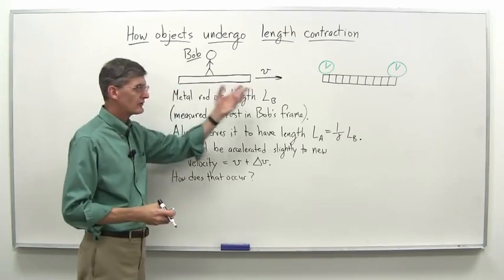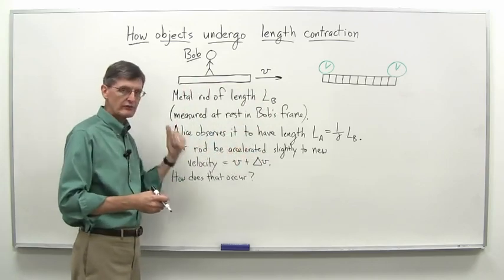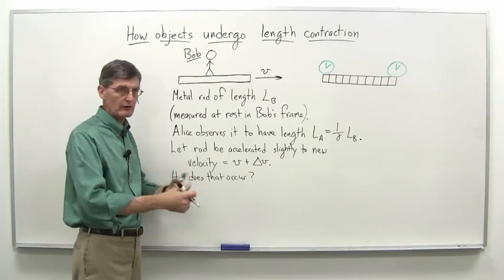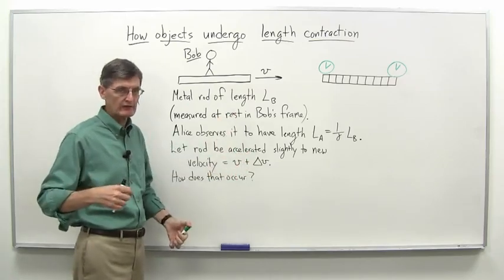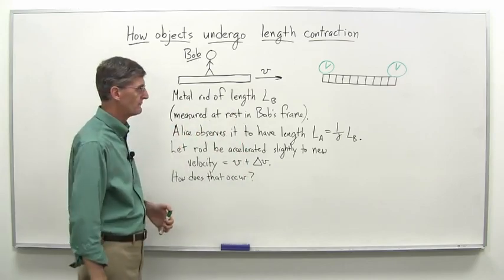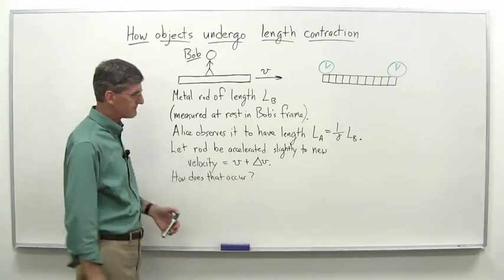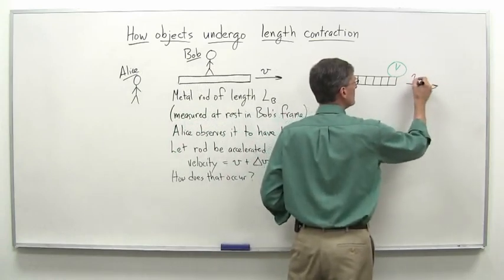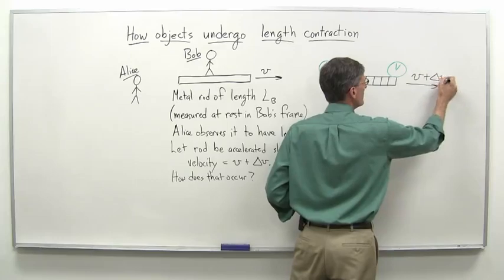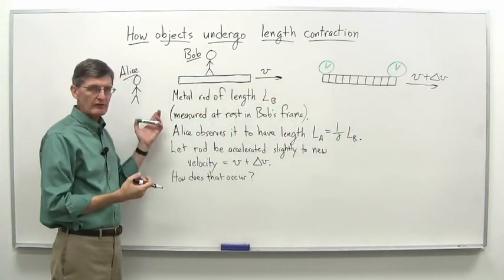If Bob has clocks synchronized in his frame, his lattice of clocks, we know that if Alice observes Bob's clocks compared to her own synchronized lattice of clocks, Bob's clocks will be out of synchronization, and vice versa, of course, going the other way. And another way we say that, of course, is leading clocks lag. So if this is now at V plus a little bit more, V plus delta V, to get up there, what does Alice observe?